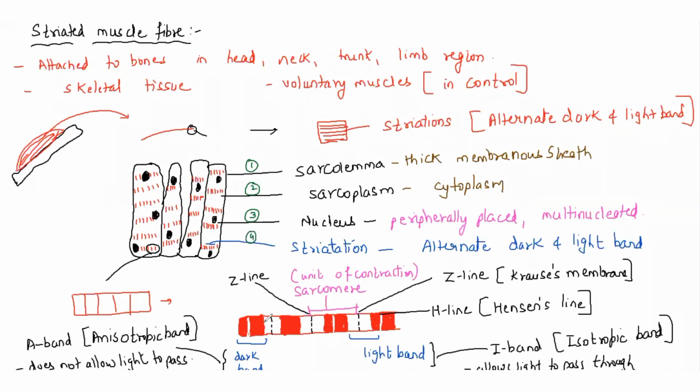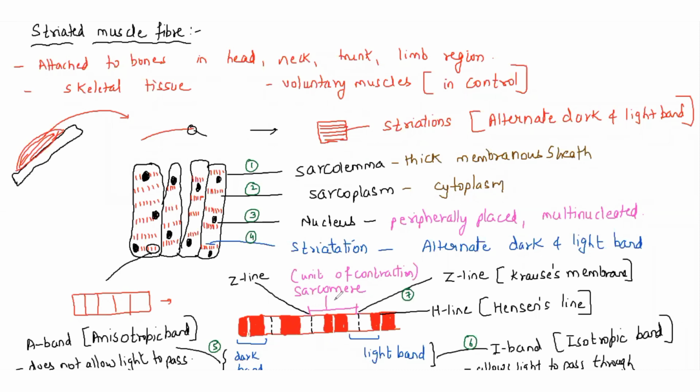When I take out the striations and zoom in, I will see there is a dark band. The dark band is also called the A band, which is anisotropic band. It will not allow the light to pass through it. The light band is also called the I band, isotropic band, allowing the light to pass through it. In the light band, there is a dark line. That dark line is called the Z line. Even it is also called crosses membrane.